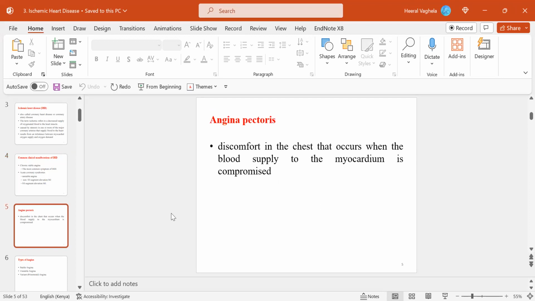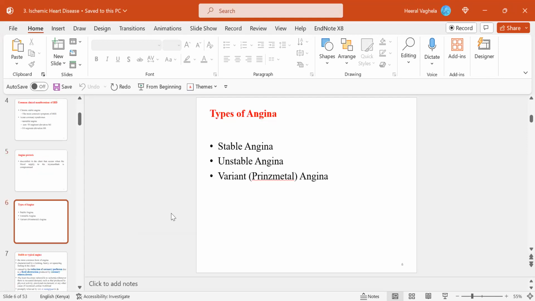So what is angina pectoris? It's basically discomfort in the chest that occurs when blood supply is compromised to the myocardium of the heart. And there are three types: stable, unstable, and variant. Which medication is given for angina pectoris?